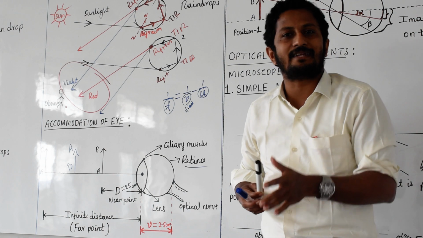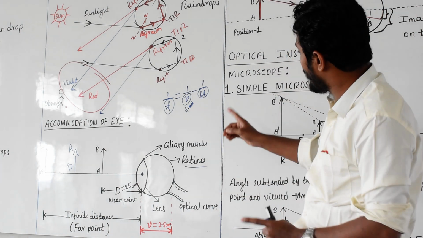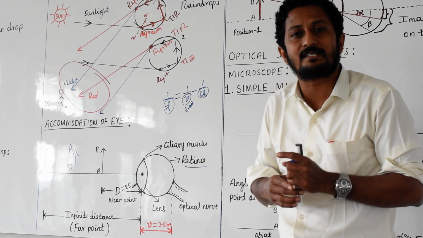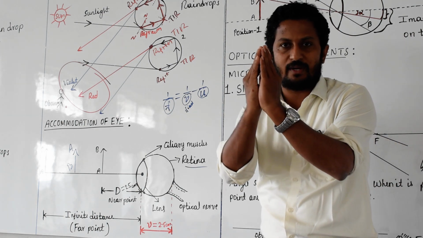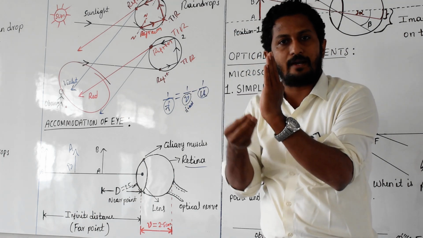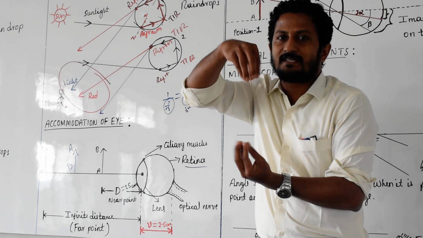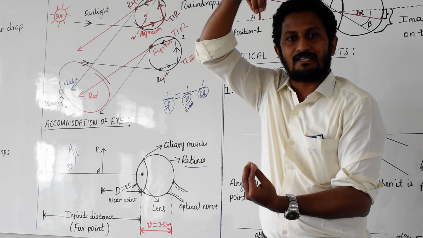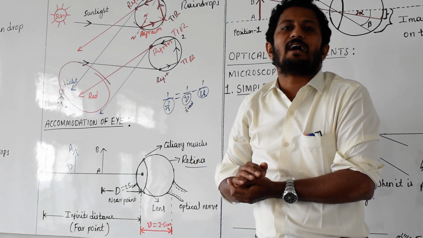This is happening inside our eye by the part called the ciliary muscles. I already said this is a biconvex lens, our eye lens. At the top and at the bottom there are ciliary muscles. These ciliary muscles are going to stretch the eye lens, or they are going to compress it.